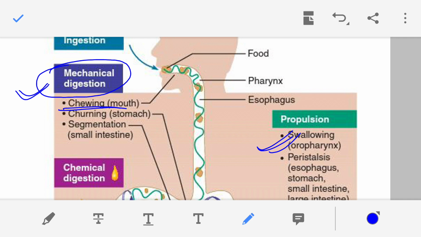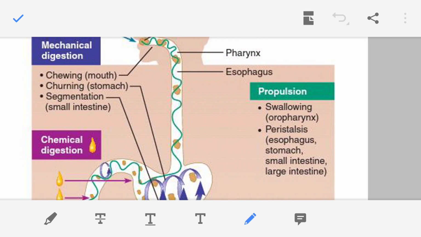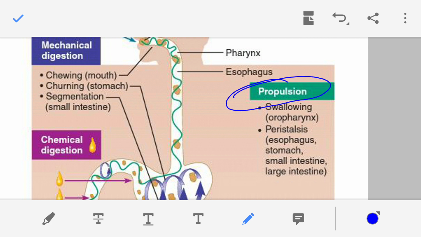Once this bolus is made, the process of propulsion occurs in the GI tract.